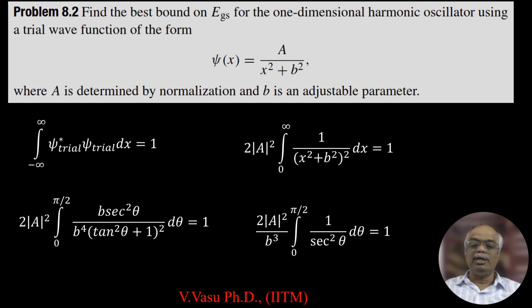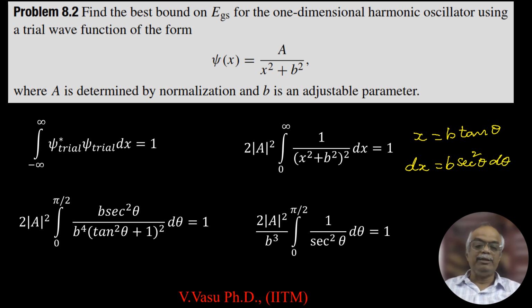Now you make a trigonometric substitution. Let x be equal to b tan theta. Then what is dx? dx is equal to b secant squared theta d theta.